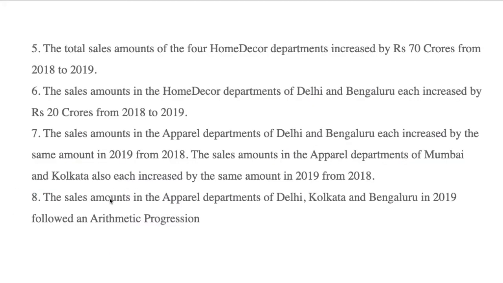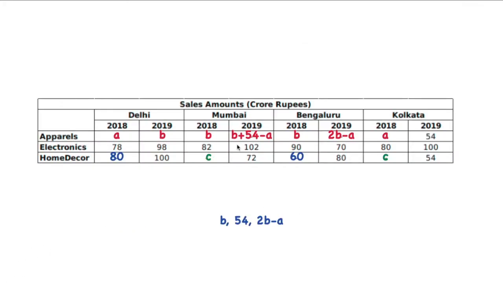It says that the sales amount in the apparel department of Delhi, Kolkata and Bengaluru in 2019 follow an arithmetic progression. So this means that Delhi, Kolkata and Bengaluru, right? B, 54 and 2B minus A. These follow an arithmetic progression.